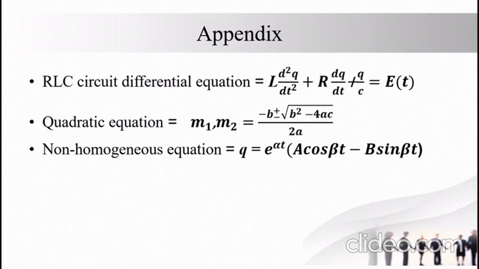Number 2 is the quadratic equation, which is m1, m2 equals negative b plus or minus the square root of b squared minus 4ac over 2a. Number 3 is the solution form, which is Q equals e to the power of alpha t in the bracket A cos beta t minus B sin beta t.